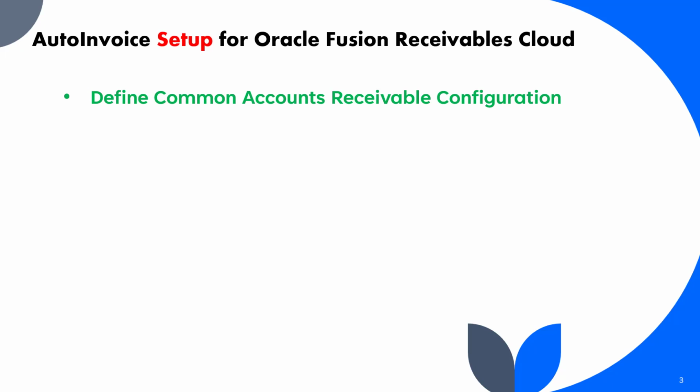This is the common setup for all of the modules: to set up your GL segments, Flexfield, value sets, and values to enable you to create transactions in AR and AP.